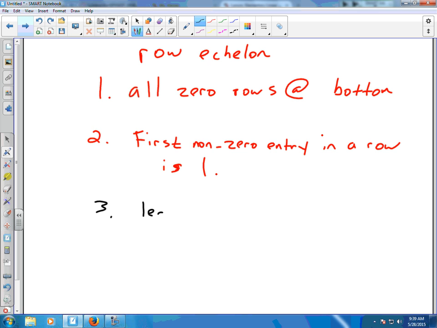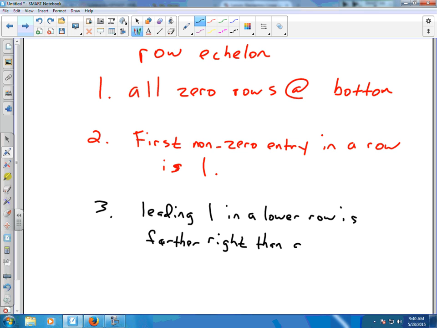So the leading one in a lower row is farther right than all leading ones above it.